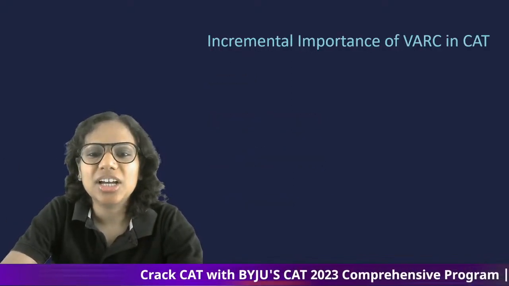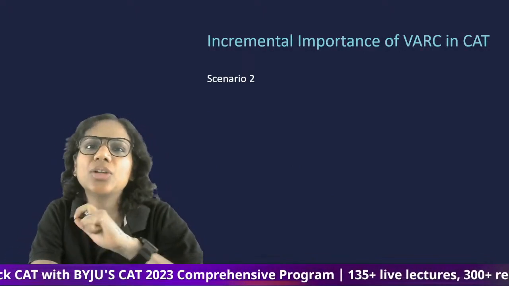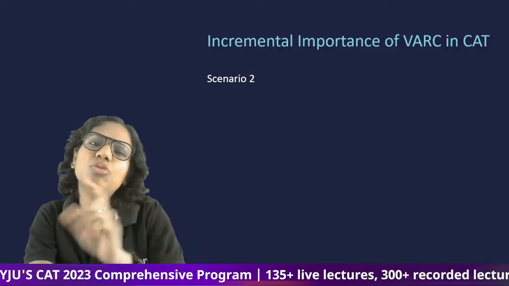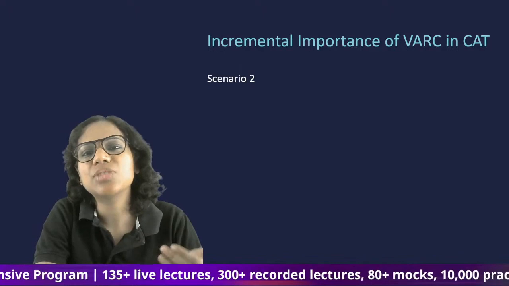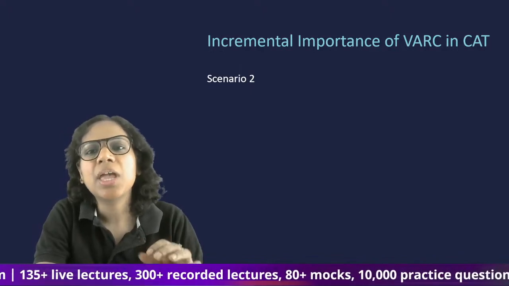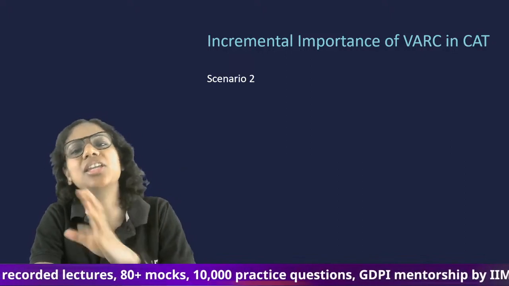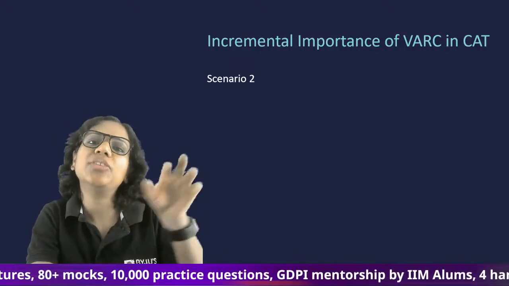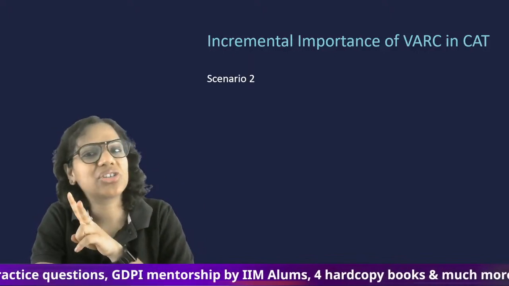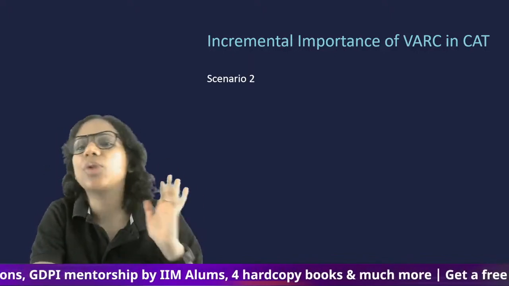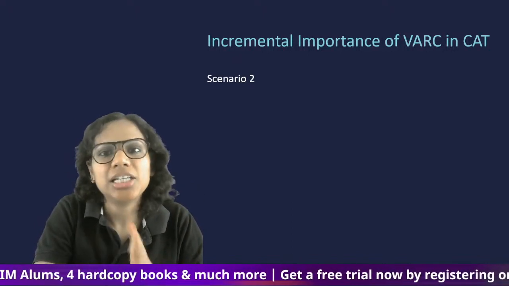I understand that VARC is important, and I feel that I can get at least one more question correct in each RC. Currently I'm making some silly mistakes in every RC. If not in each RC, I can get at least 3 more questions correct. Out of 4 RCs, I just need to get 2 more questions correct, and out of 1 VA, I need to get 1 more correct. That will give me at least 9 more marks.